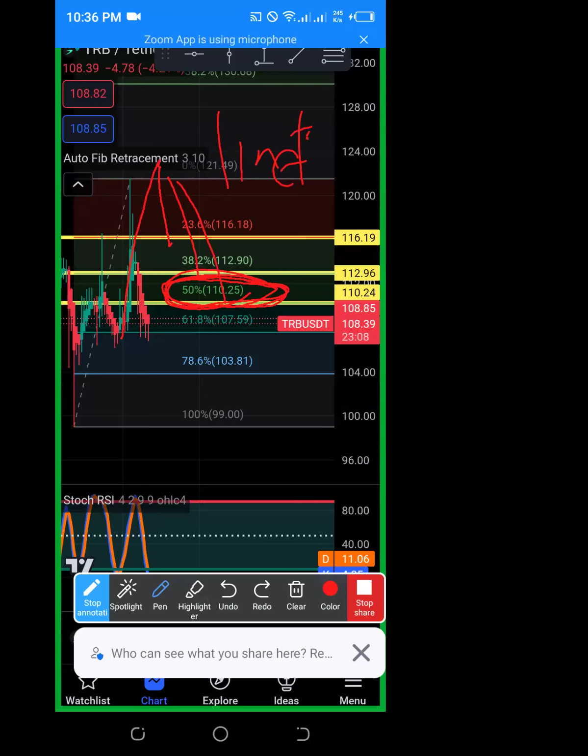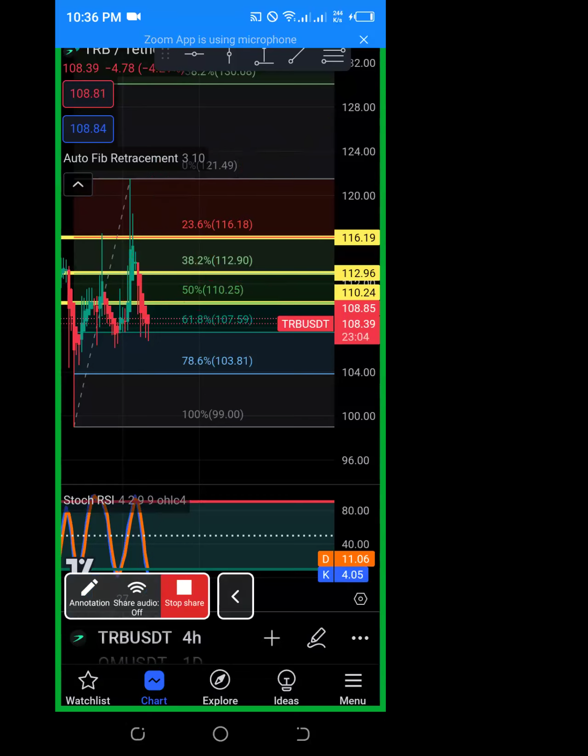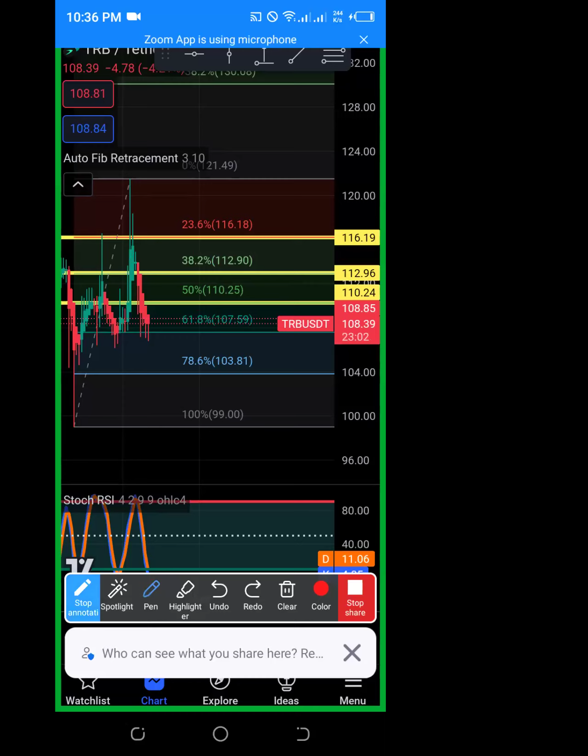So if the current price of this asset is above 50%, don't enter, especially when you have smaller capital. Don't enter the market. At least if it is here, you wait for it to go down to this 50%. Then you can enter the market. Let's do it.